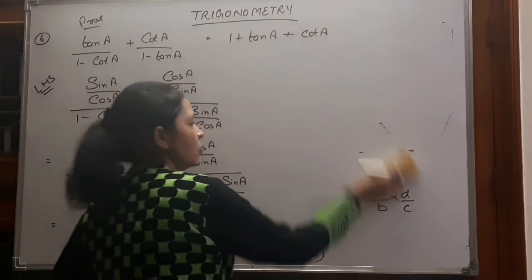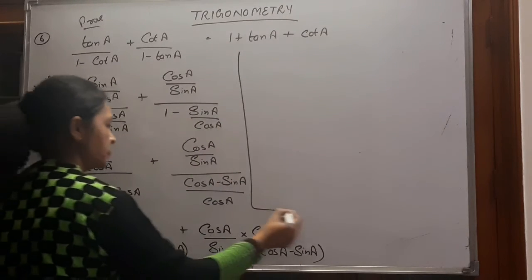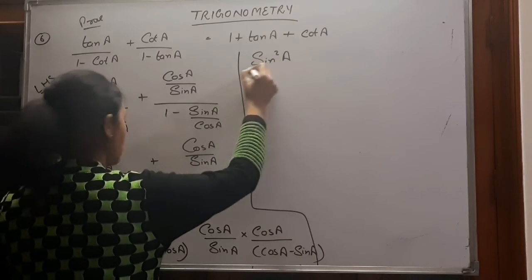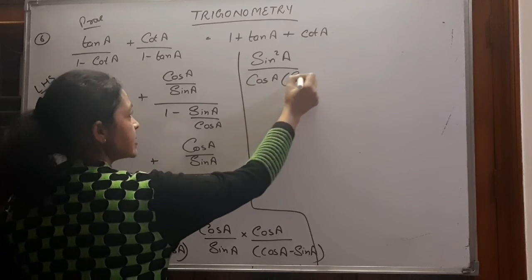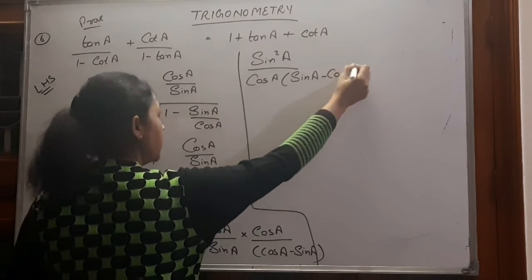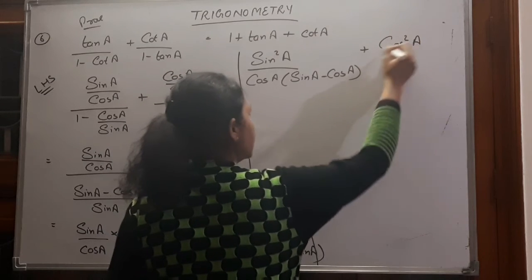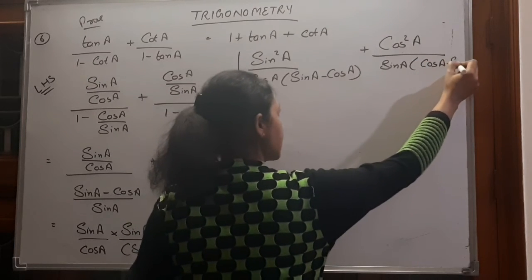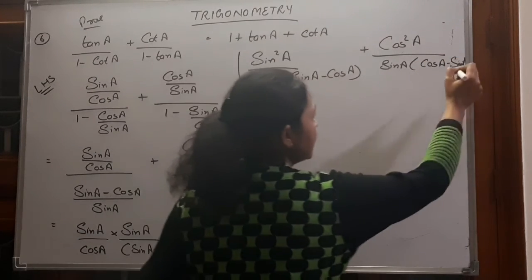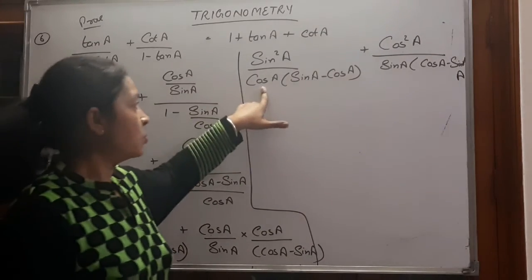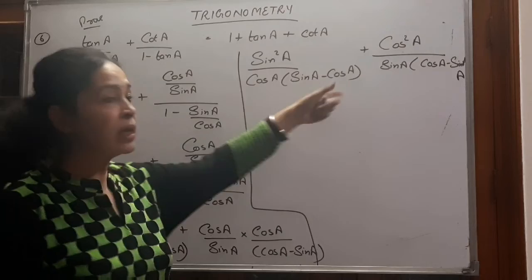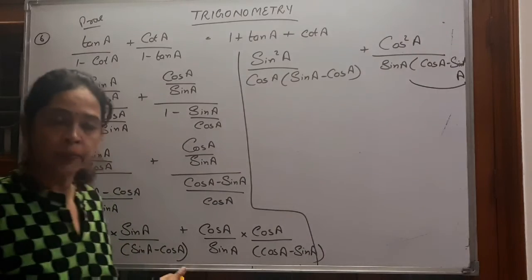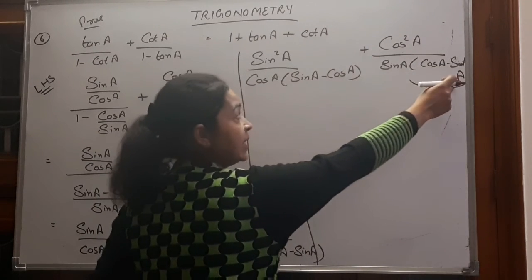Clear? What do we get? Sin A into sin A, sin square A upon cos A, sin A minus cos A plus cos square A, and in the denominator we have sin A and cos A minus sin A. Now, if we take the LCM, we have one term cos A, one sin A minus cos A, and again cos A minus sin A. What we can do, if we take the minus sign outside, we will get the cos term negative and sin term positive.